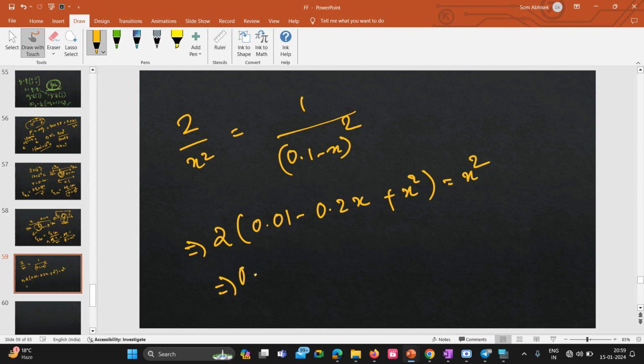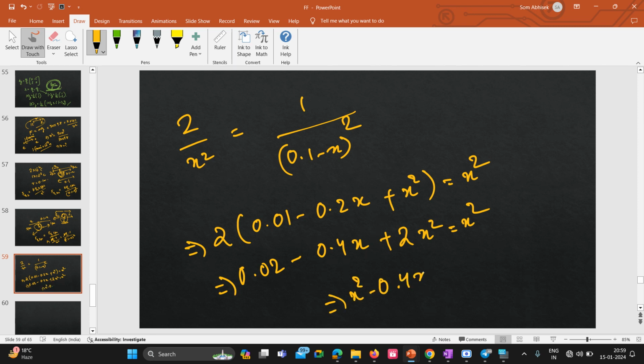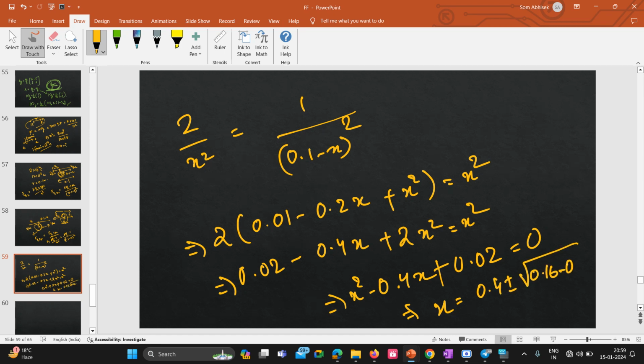Okay, so 0.02 minus 0.4x plus 2x square is equal to x square. Okay, so I will simplify it: x square minus 0.4x plus 0.02 equals 0. I'm doing this fast because these are basic things, I'm not going to stop for this. You have to solve it by the rule x is equal to minus b plus or minus root of b square minus 4ac, over 2a. That is 0.4 plus or minus root of 0.16 minus 0.08, whole divided by 2.